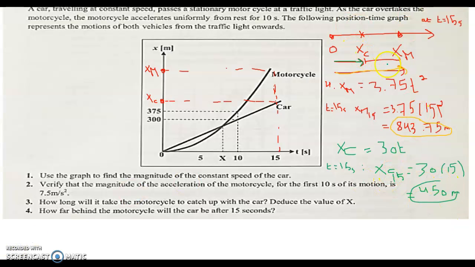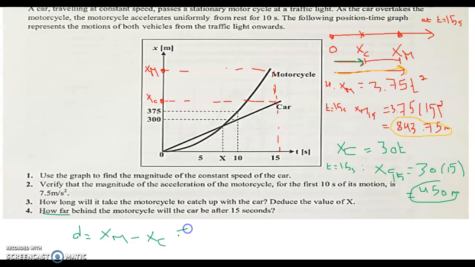Okay, now to find the distance between c and m, to find how far the car is behind the motorcycle, you have to subtract xm minus xc. So the distance between them is equal to xm minus xc.